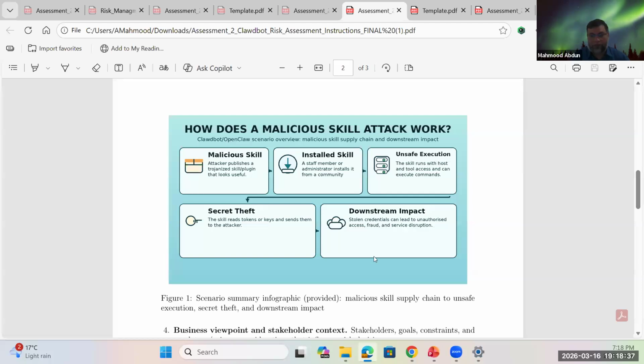So this is how a Claude bot or OpenClaw works with skills, and how a malicious skill can be used. Skills are basically algorithms or pseudocode, or instructions, that the bot follows to achieve a particular goal.